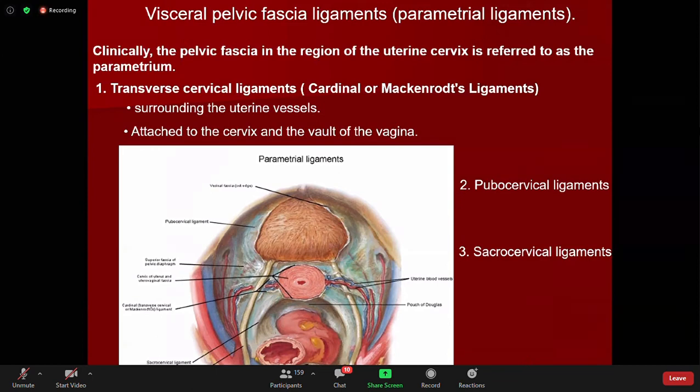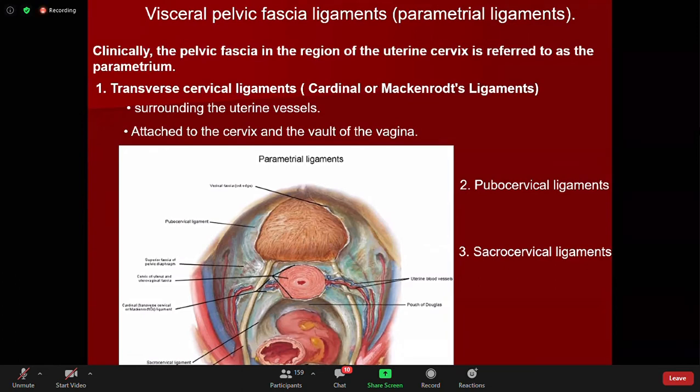What do we mean by visceral pelvic fascia? What is visceral pelvic fascia? We spoke about it in my first lecture. What is it? What is fascia? Huh? A covering. Covering. What is pelvic?